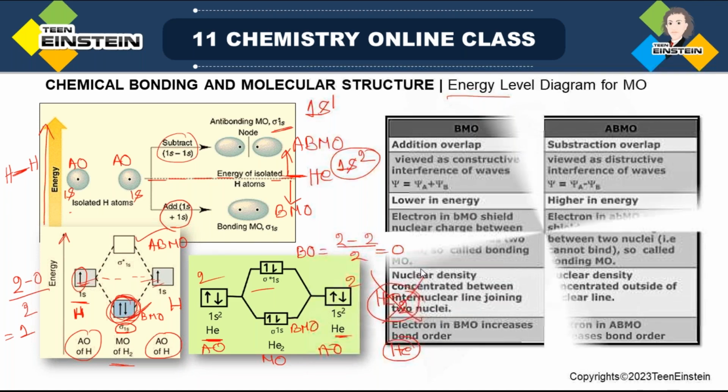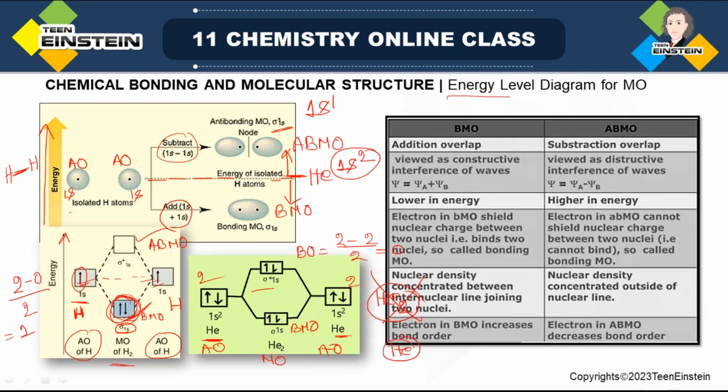So now the differences between BMO and ABMO. In BMO it is addition overlap, remember constructive interference. In ABMO it is destructive interference, so it is subtraction.